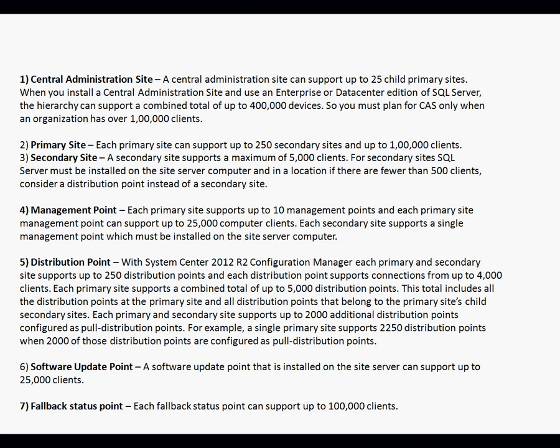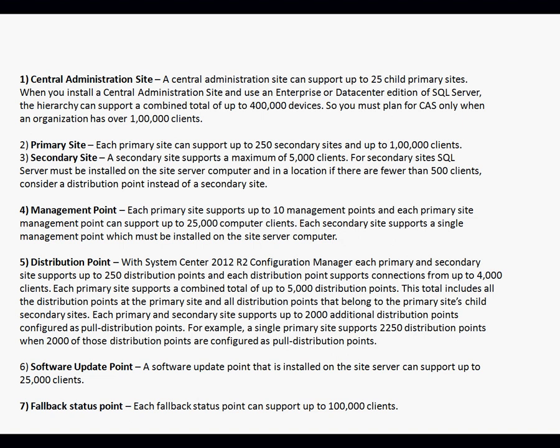So let's say you are running a company called Alpha, for example, which has a head office somewhere in India, and branch offices in London, Hyderabad, Chennai, Paris, multiple locations, and in total you have 80,000 devices all over the globe. So you can set up one primary site for that, and you will be able to manage all the devices.